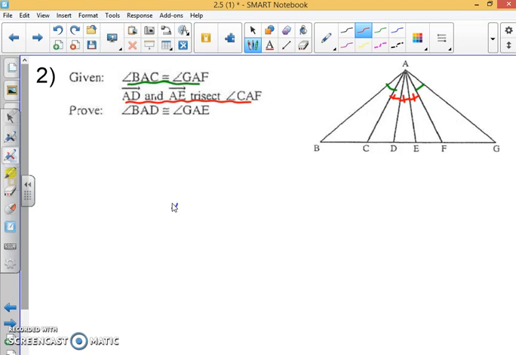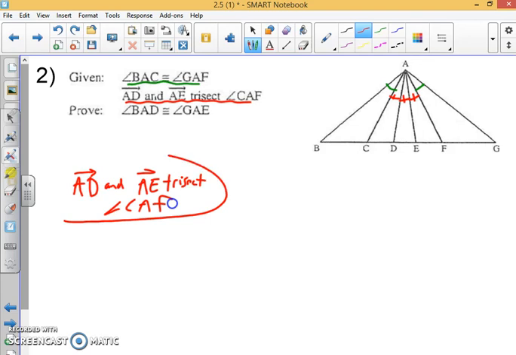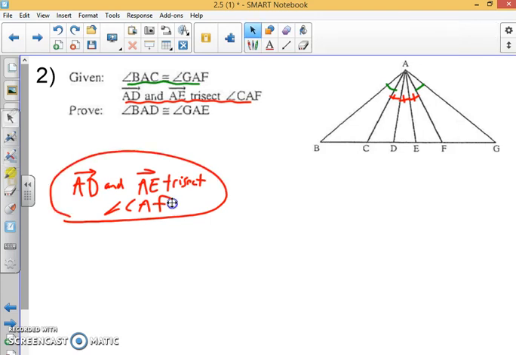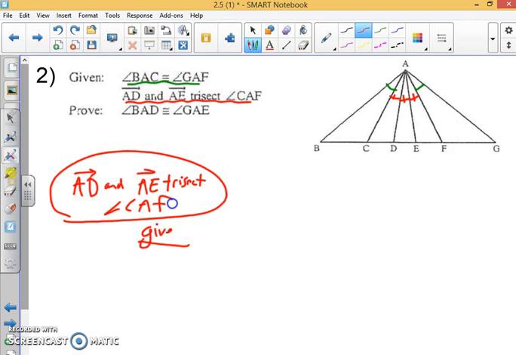So let's start our proof here. Let's start with our rays trisecting our angle. So we have that ray AD and ray AE trisect angle CAF. Let's put that in a bubble. And that is given to us.